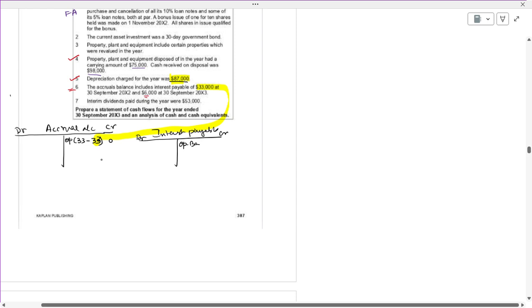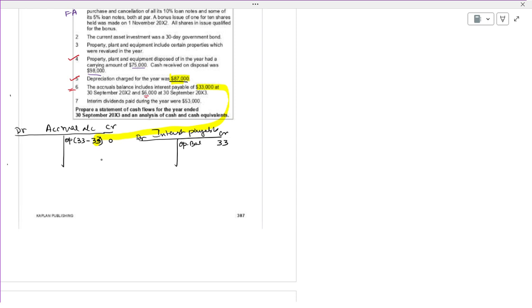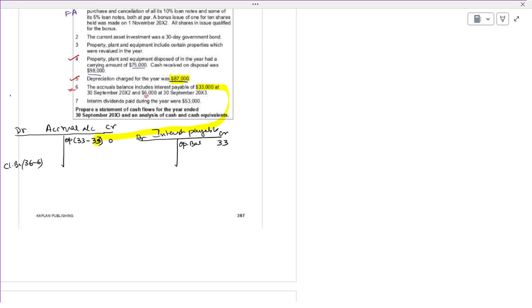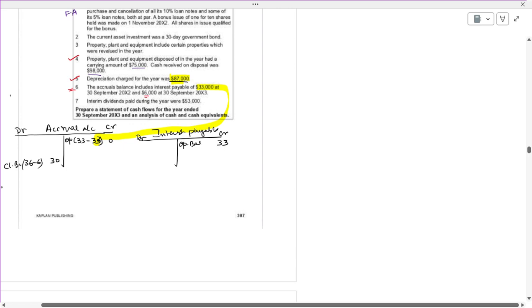Opening balance 33. Now, closing balance. How much is the closing balance? 36. In that, interest is how much? 6. Then the closing balance will become 30.